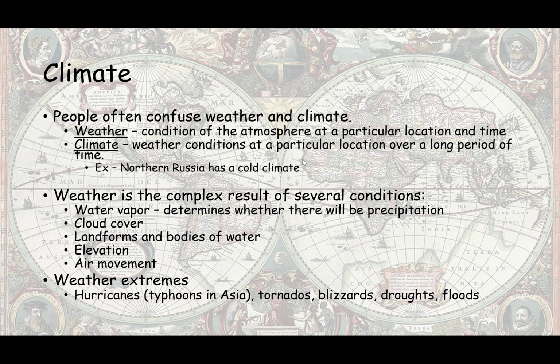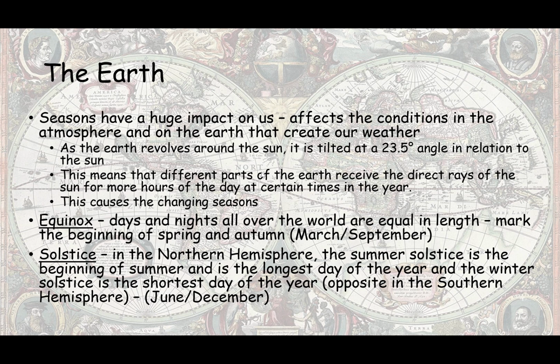Again, we talked about this. I'll try to find a good diagram, but when we're talking about latitudes, you can see the tilt of the earth in the diagram there. But whatever is the closest to the sun is the area that's going to get the most sun.